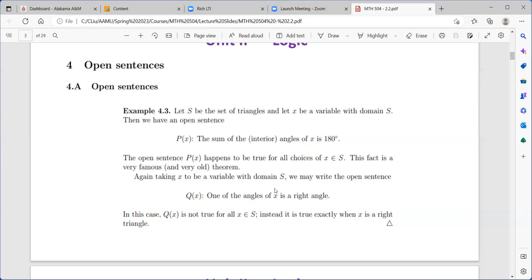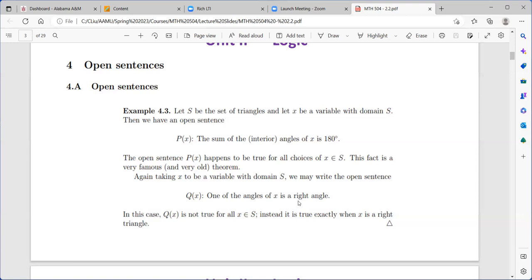So once you specify X as an element from the set S, it means you are talking about a triangle. So one of the angles of any triangle is a right angle, and that's not true for all X belonging to S. So for all triangles you cannot say one of the angles of the triangle is a right angle, of course.